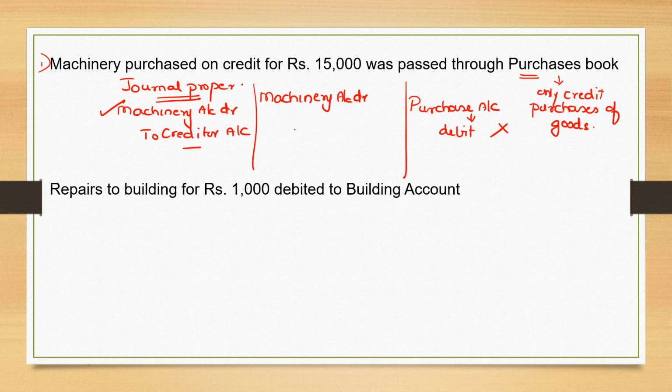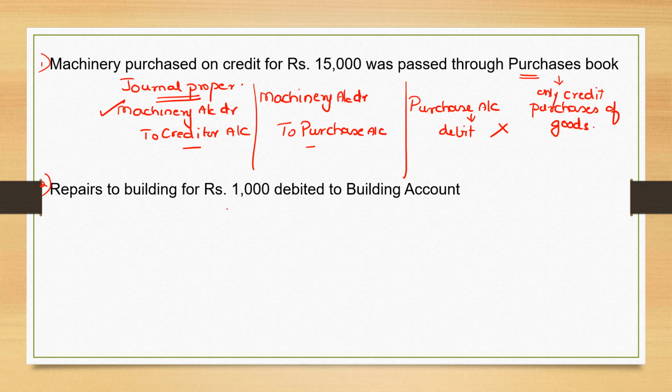And since there is a debit to purchase account which has to be nullified, we would credit the purchase account with the amount of 15,000. This would rectify the error of accounting principle. I hope that is clear. Now let us take one more example to understand it.